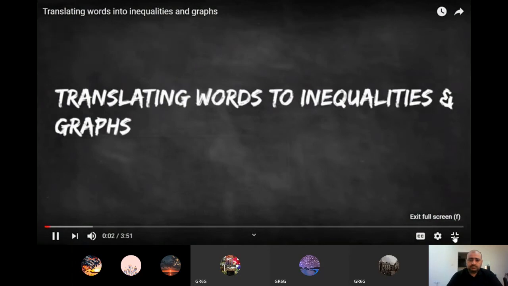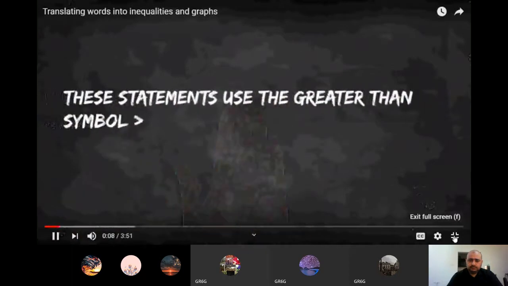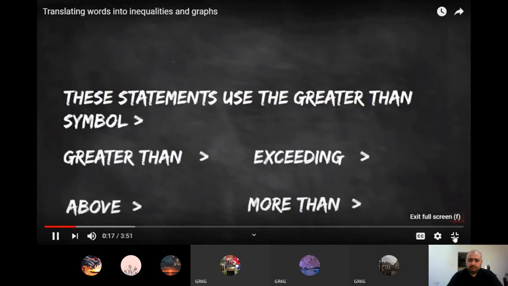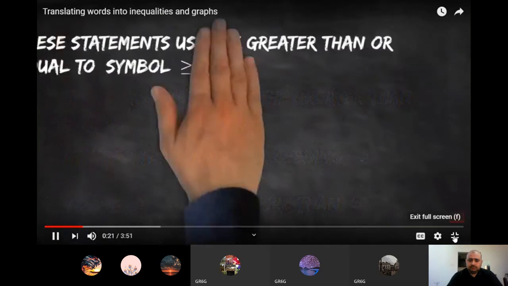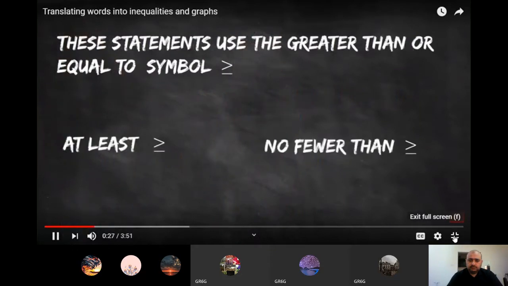Welcome to Moo Math and translating words to inequalities in graphs. These statements use the greater than symbol: greater than, exceeding, above, and more than. These statements use the greater than or equal to symbol: at least, no fewer than.